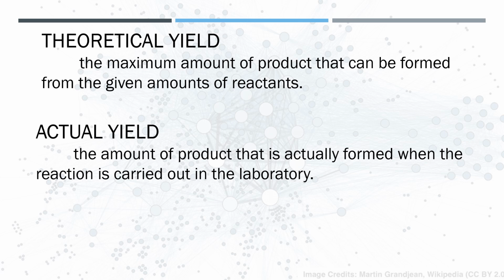The actual yield is the amount of the product that is actually formed when the reaction is carried out in the laboratory. The percent yield is the ratio of the actual yield to the theoretical yield, expressed as a percentage. Percent yield equals the actual yield divided by the theoretical yield times 100.